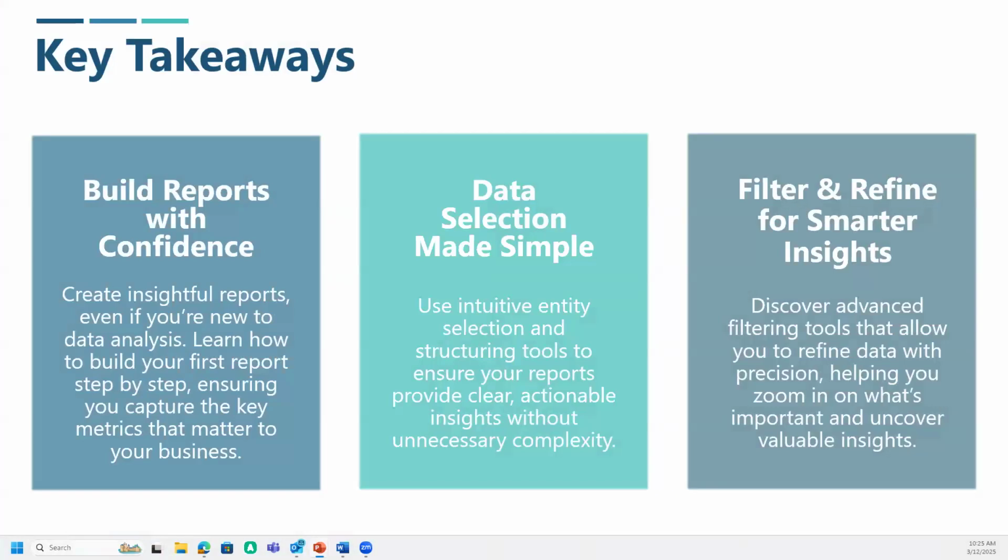So remember the three key benefits that we have discussed here today. You'll be able to implement immediately to make a significant impact on your CRM data by building reports with confidence, having your data selection made easily, and also how you can filter and refine for smarter insights, as I've shown you earlier.